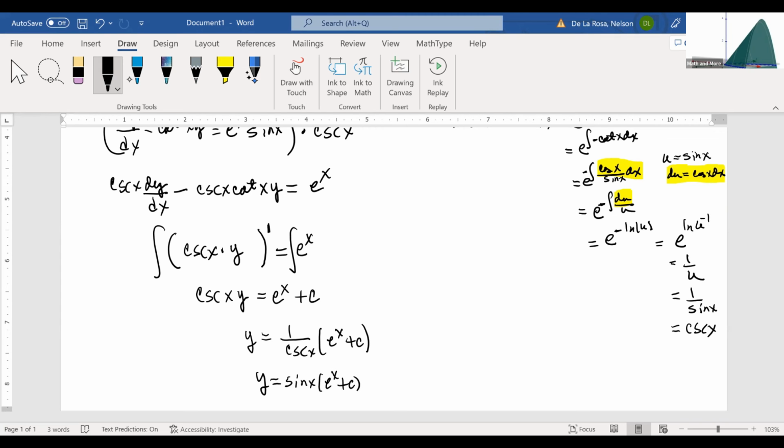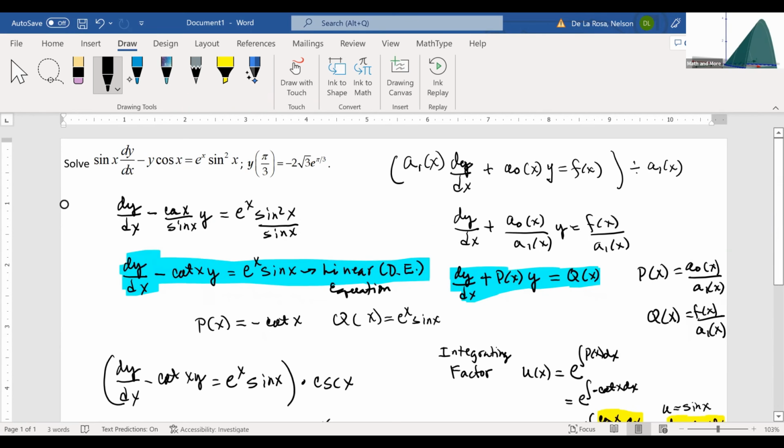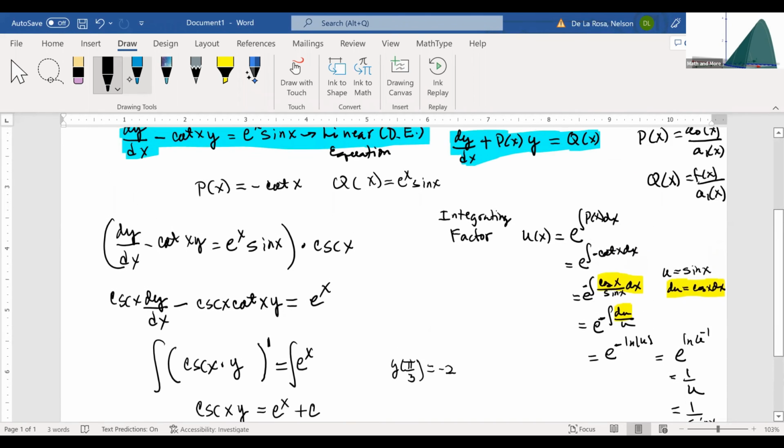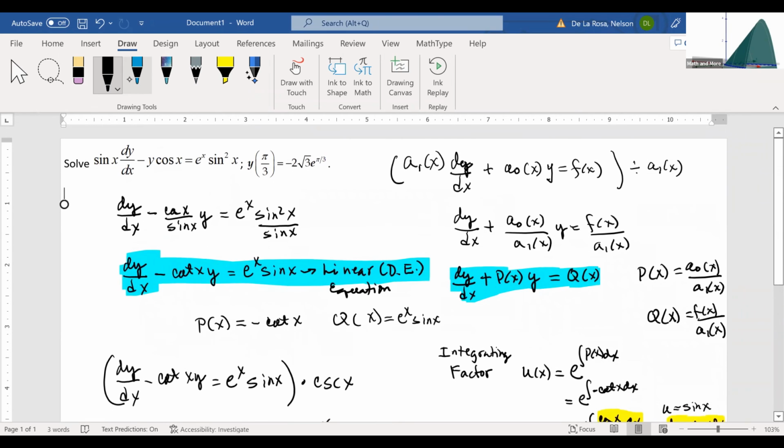So what is left is to find the value of c. To find the value of c, we can replace the given condition, which is y at pi over 3 is equal to negative 2 square root of 3 e to pi over 3.